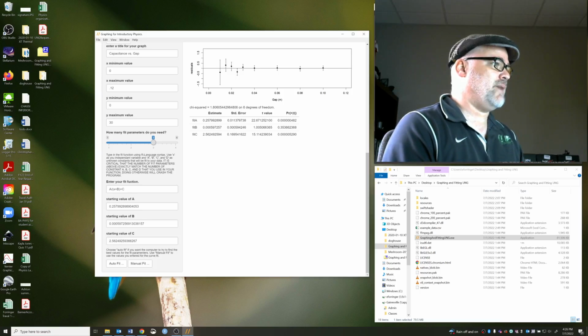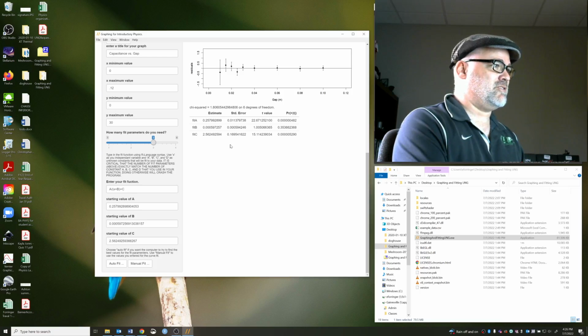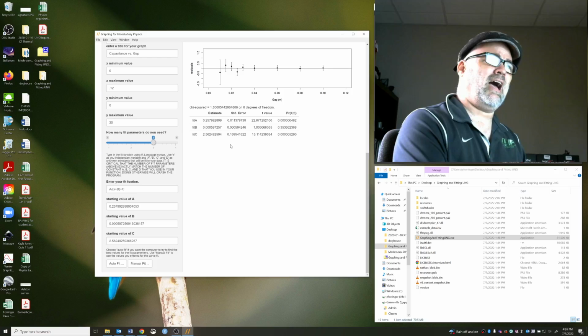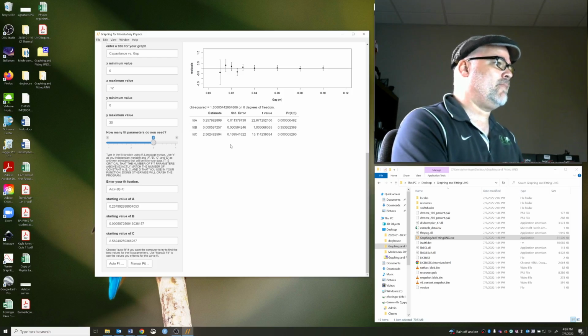In fact, basically all the capacitances we measured were 2.56 picofarads high or 2.56 picofarads low. I forget. I have to think about that for a minute.